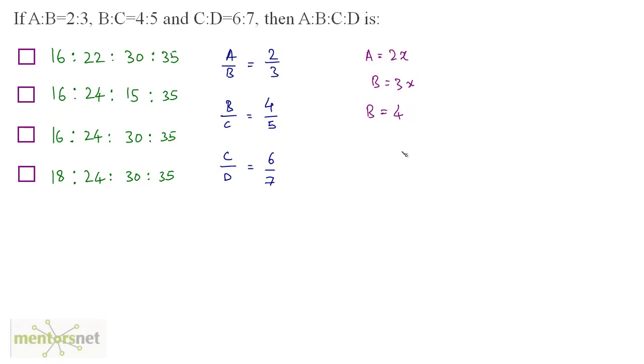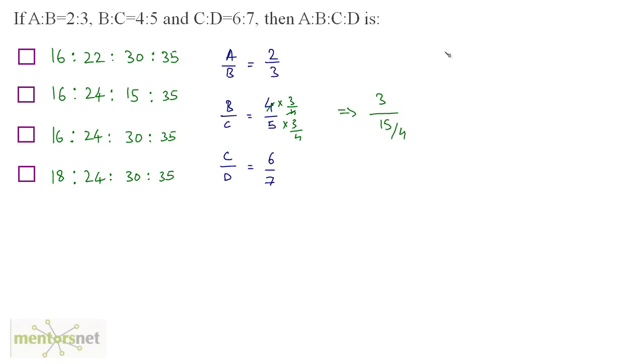What should you do now? Well, you can always make this 4 as 3x. How? Well, you can multiply both the numerator and denominator by 3 by 4. So this 4 gets cancelled out, and what remains is 3 by 15 by 4.